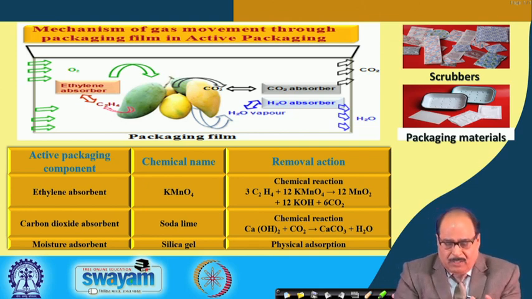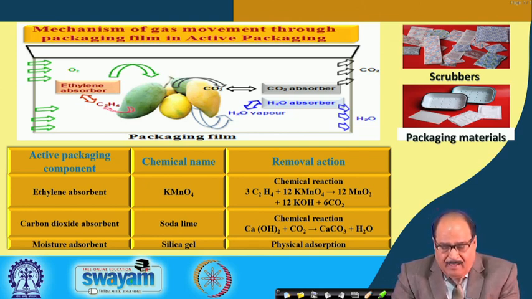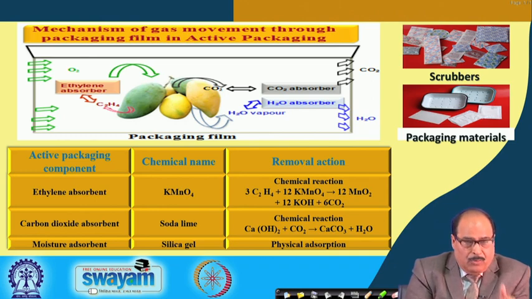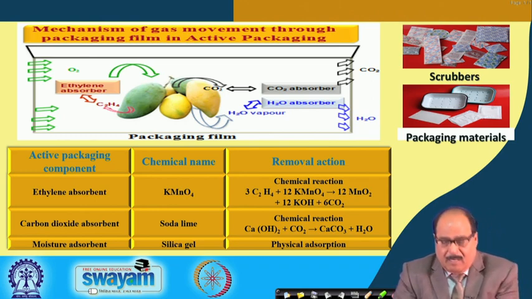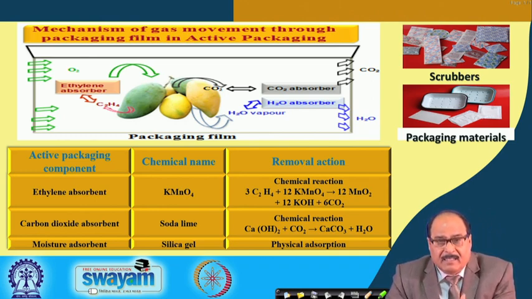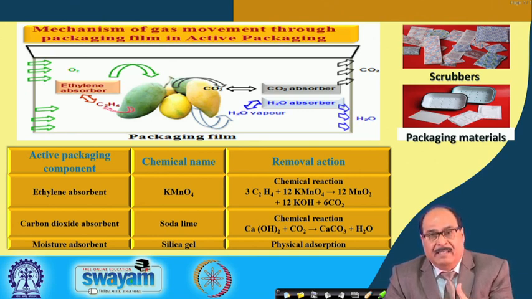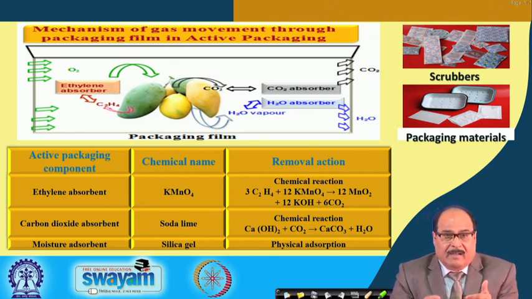When it is put, the ethylene reacts with KMnO4 and gives MnO2, KOH and carbon dioxide. So, if you use an ethylene absorbent, the chemical reaction shows that the concentration of carbon dioxide will also increase. So, carbon dioxide scrubbers, carbon dioxide absorbers, might also be required.